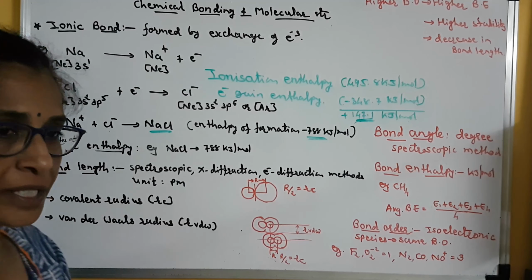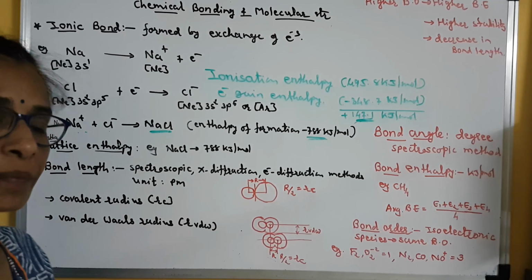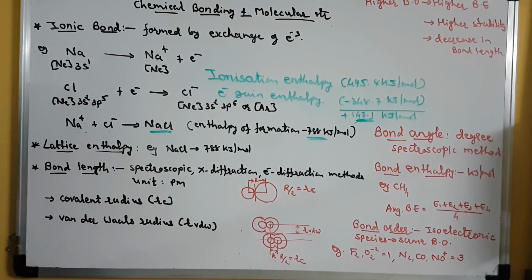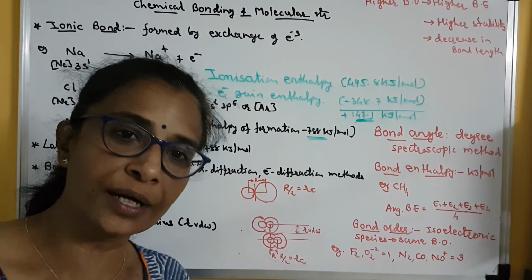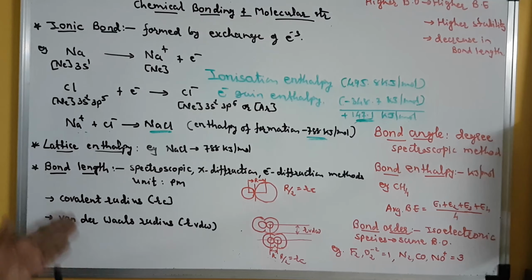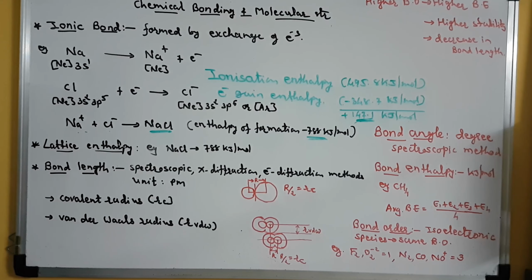Clear? The more energy released, the more stable the bond, and that is why NaCl is a stable crystal. So we can say that only the completion of octet will not decide stability of the molecule, but the lattice enthalpy will decide stability of the molecule.